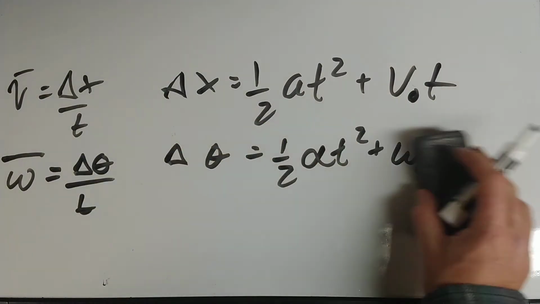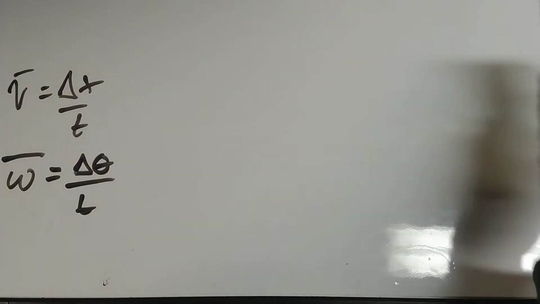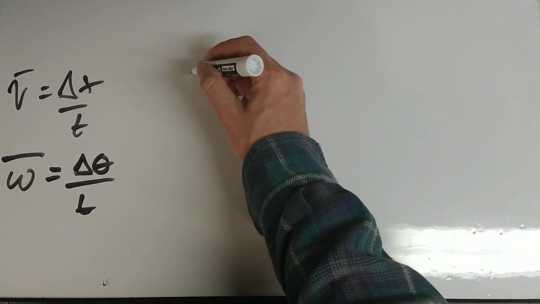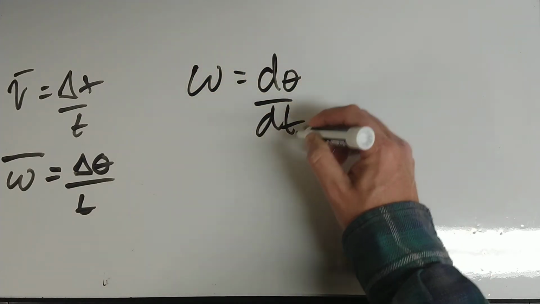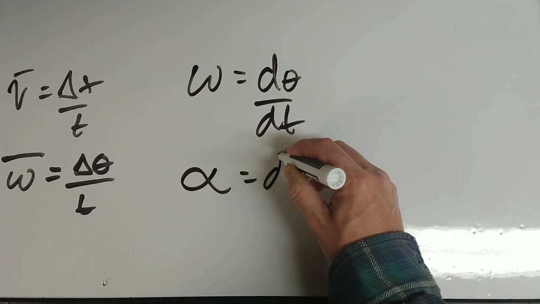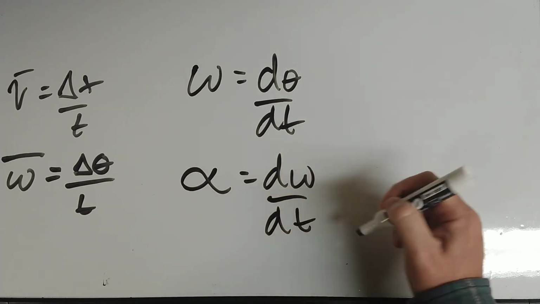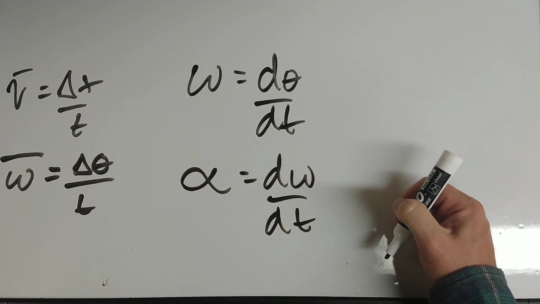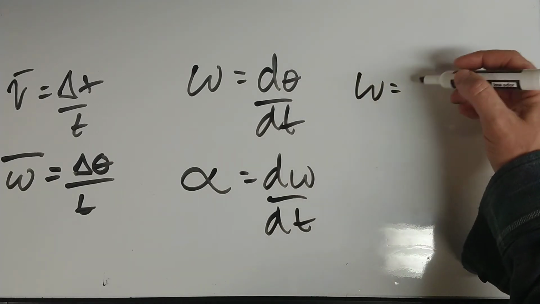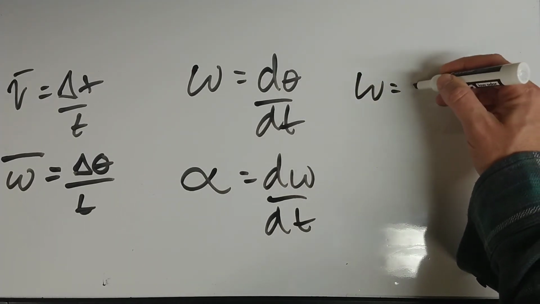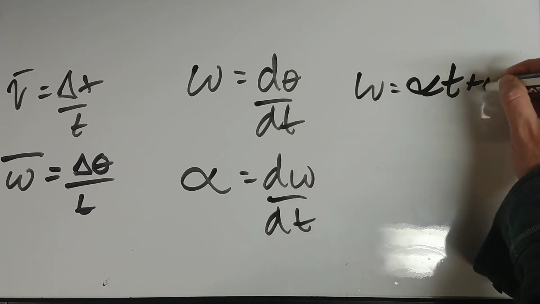Rather than saying this, I could say angular velocity is defined as d theta dt, and alpha is d omega dt. Then I could have a function omega equals alpha t plus omega naught.